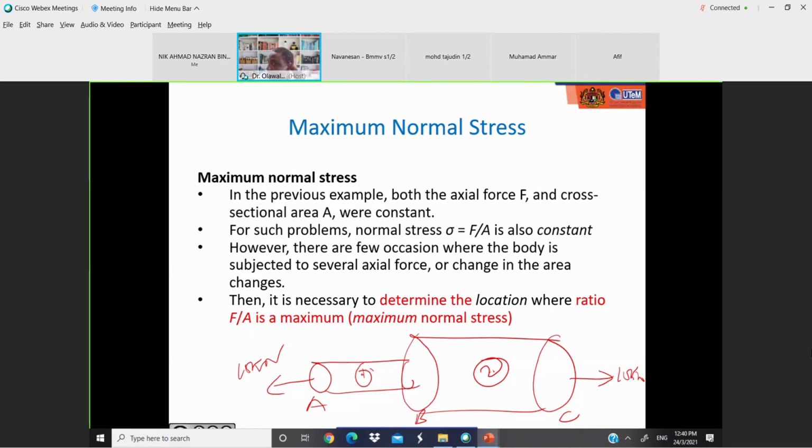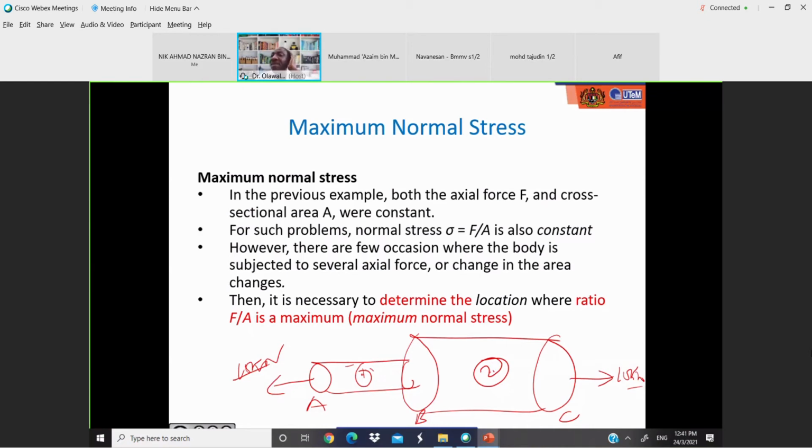Why? Why is your stress not the same? Because it's 10 kN, and 10 kN. So why is the stress not the same? Different area here. So the area is not the same, and your stress is force over area.